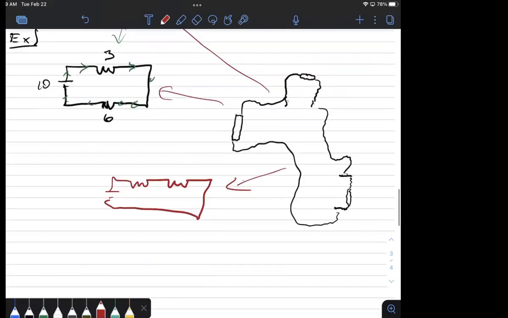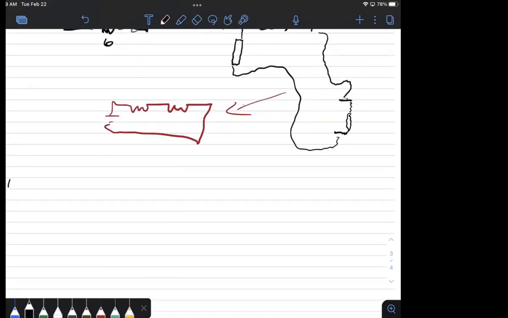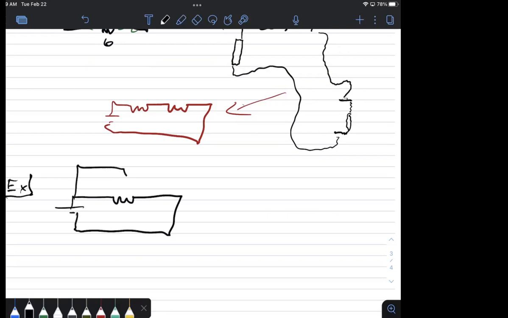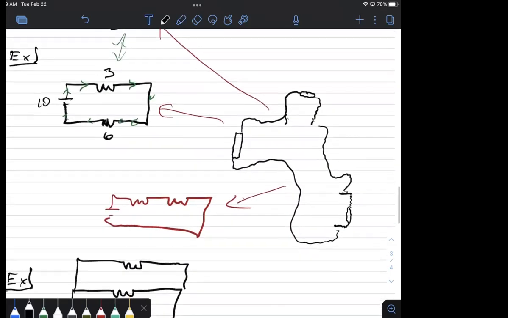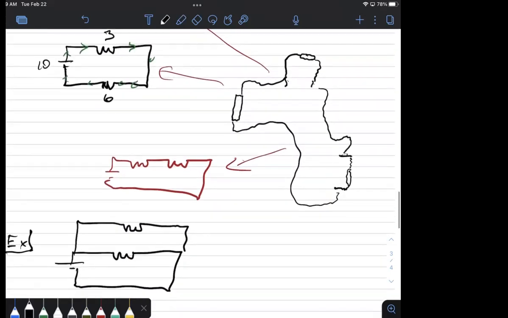Okay, now, how about this example? Now this guy, this is the parallel one. Why is that different than that one? Well, the reason, of course, is because you have this split sitting here.